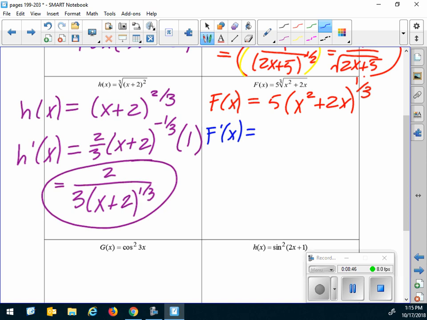Same thing I would do with it if it was 5x squared. I'd do 2 times 5, right? So 1/3 times 5. Please do not put 1 and 2/3. Leave everything as fractions.